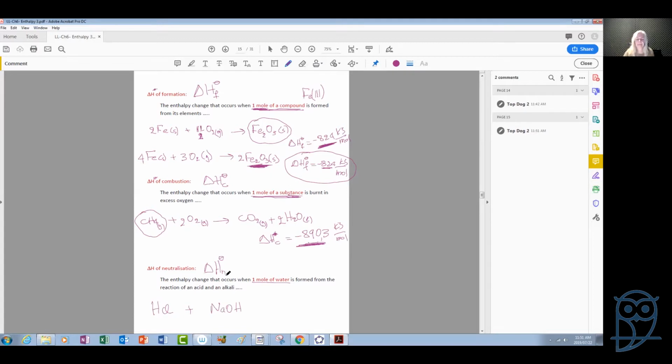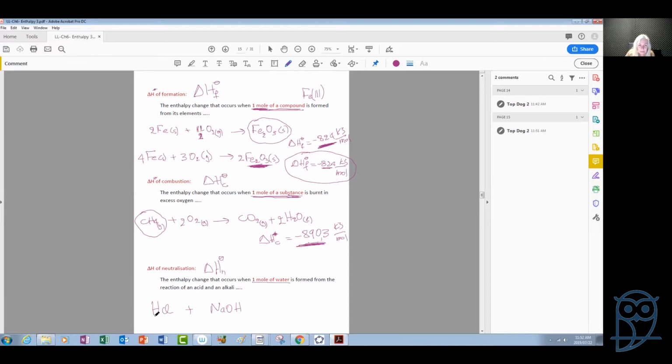What a difficult word to remember. Alkali. So the word alkali means that it's a base in aqueous solution. That's why it's called an alkali. So in other words, all alkalis are bases, but not all bases are alkalis, as you probably know already.